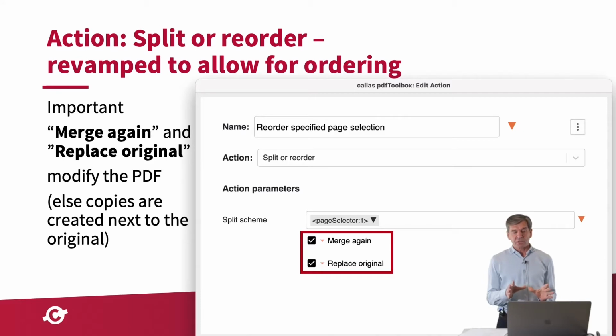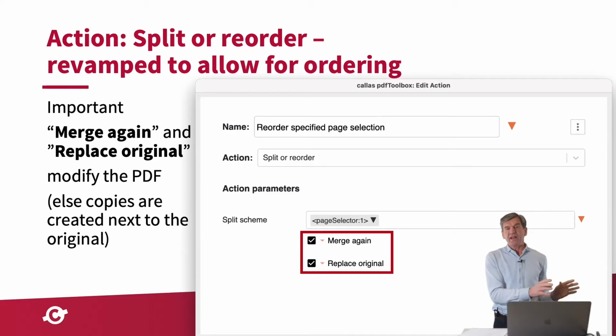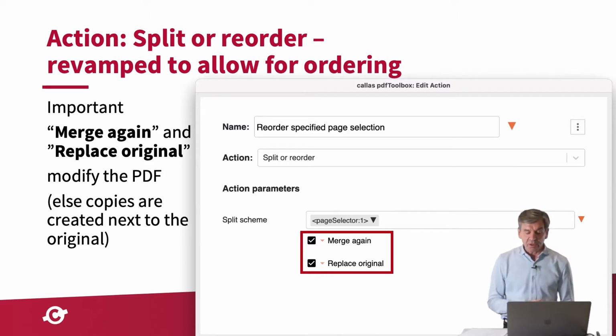This action works a little differently than all the other actions. Every other action, if it creates a PDF file, makes that PDF file the active PDF thereafter. For split or reorder, that is only the case if you replace the original.